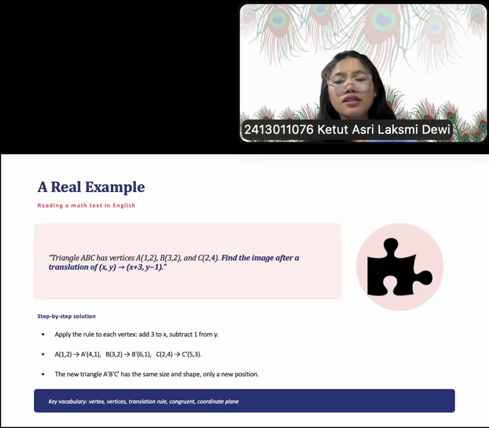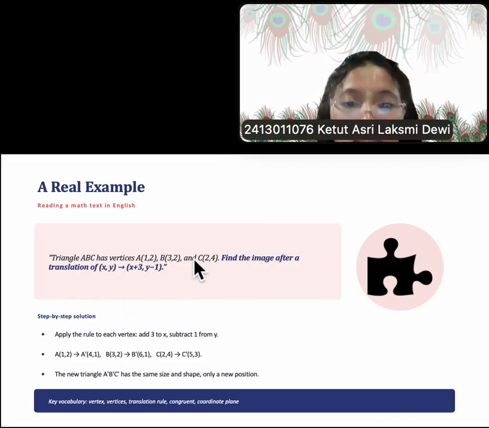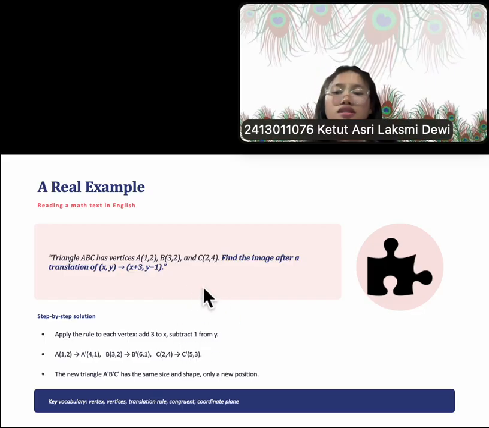Okay, let's practice reading a mathematical problem written in English. Here is the text. Triangle ABC has vertex A, B, and C. Find the image after the translation. Let's solve this together step by step. First, we apply the rule to each vertex. We add 2 to the x coordinate and we subtract 1 from the y coordinate.